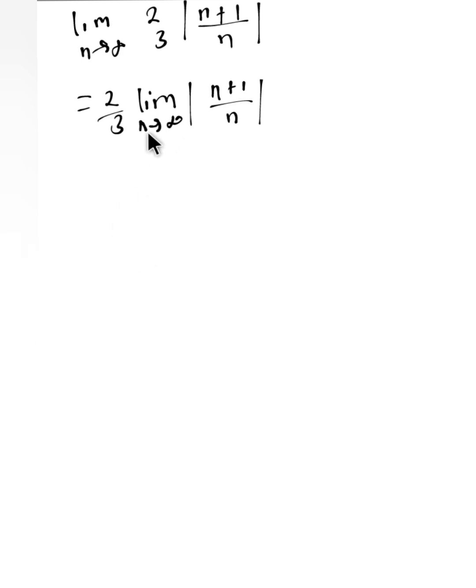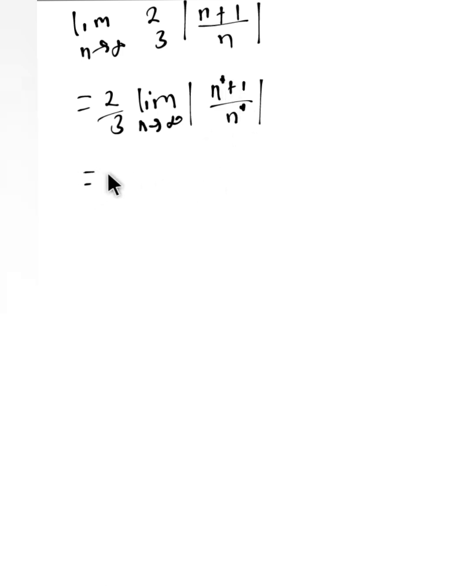So at this point, we need to find the limit. Now, finding the limit as n tends to infinity is quite easy. All we have to do is divide the entire term by the highest power of n. Now, the highest power of n here is 1, that's the highest power of n. We're going to divide all of this by n raised to the power 1.